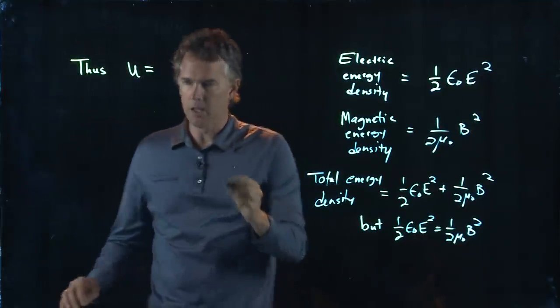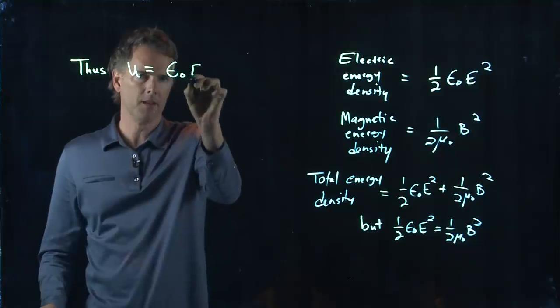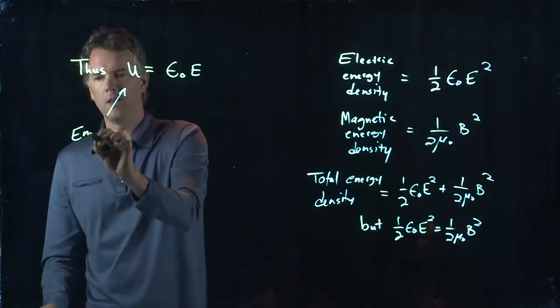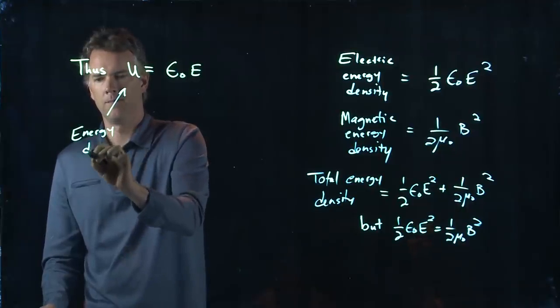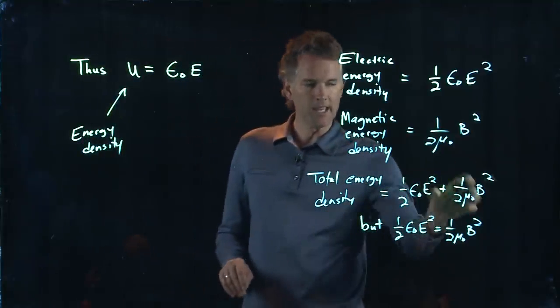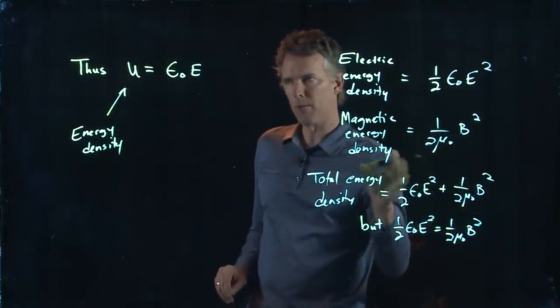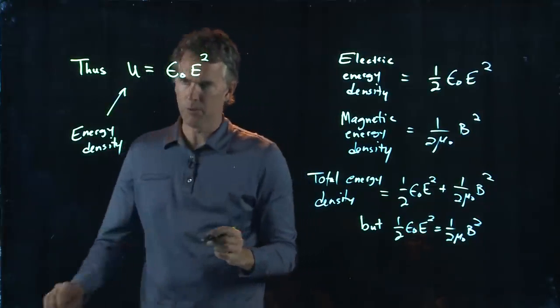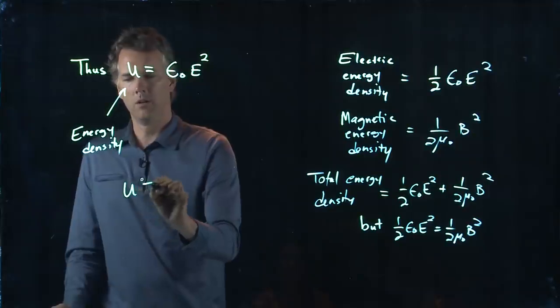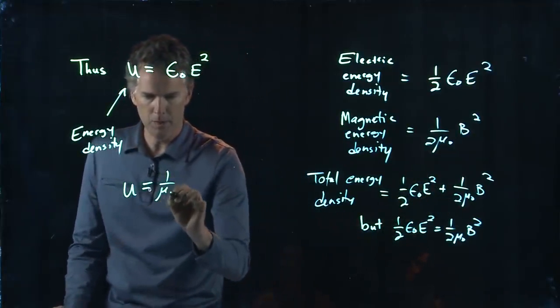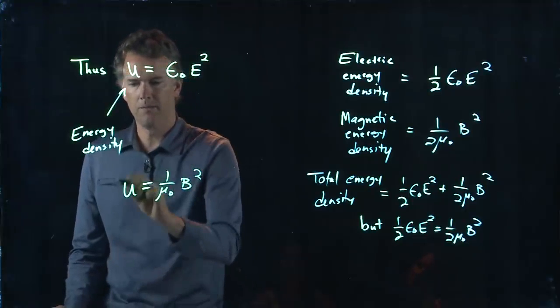U is what we're calling the energy density, and we can write it in terms of E. If the electric part is equal to the magnetic part, we can just write it as twice the magnetic part, epsilon naught E squared, or in terms of the magnetic part, 1/mu naught B squared.